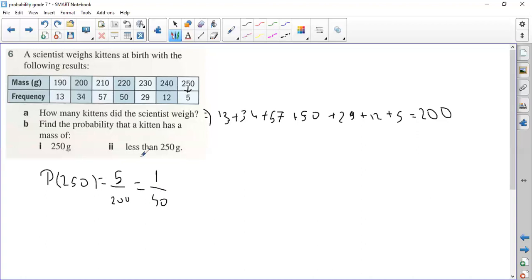1 over 40. Less than 250 means it cannot be 250, but it can be any of these ones.